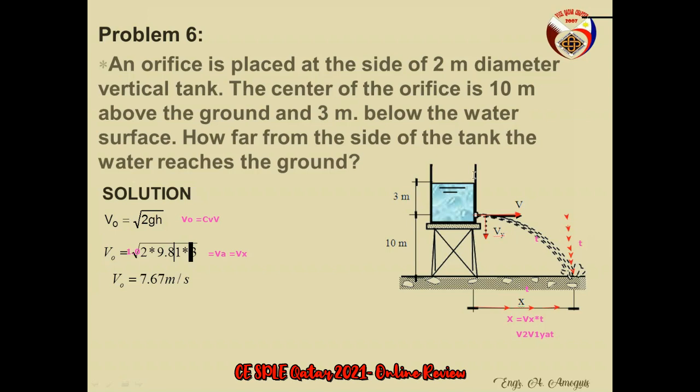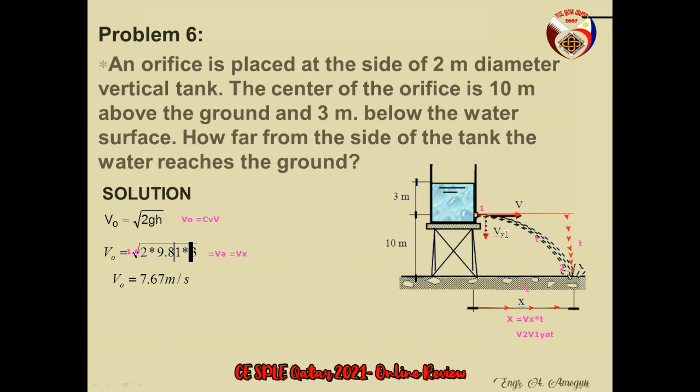Kaya, since meron akong initial, ano yung initial ko dito? Kung ang initial ko at point 1 is nasa horizontal direction, okay? Ano ngayon yung vertical projection niya? So yung V1y ko dito equals to 0. Tama ba?